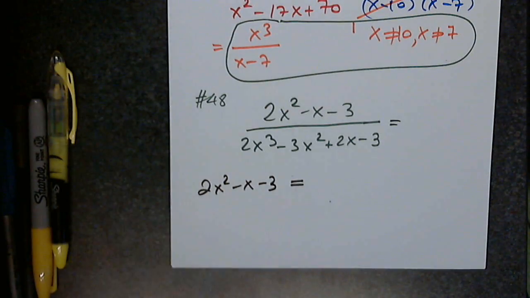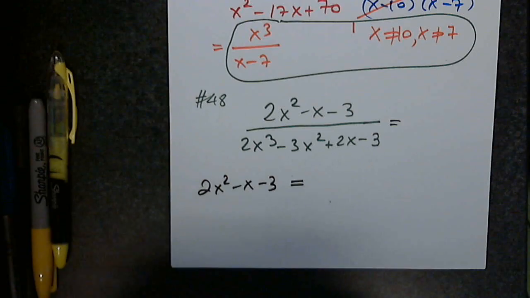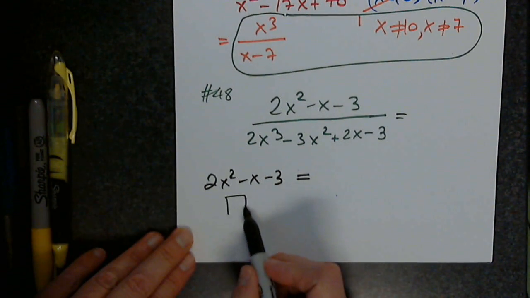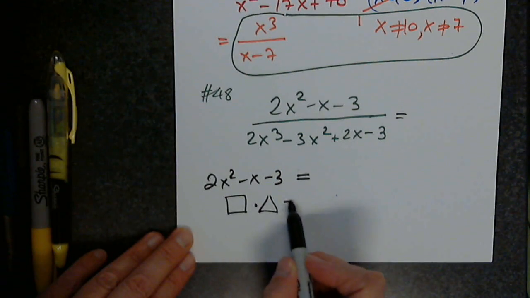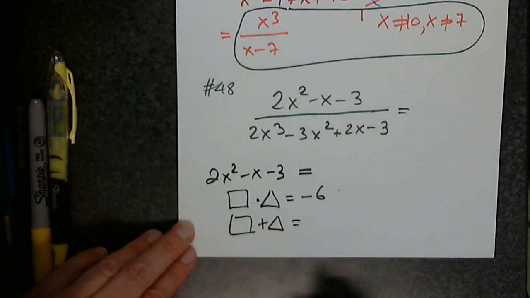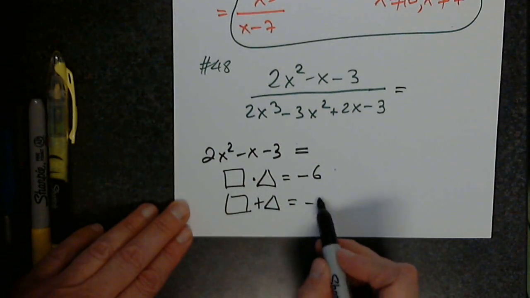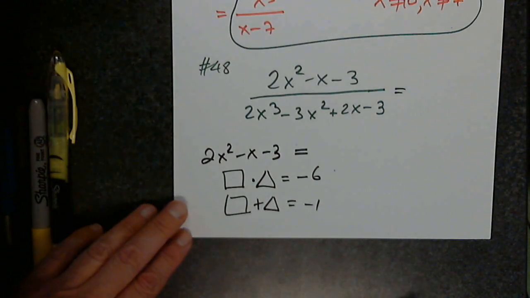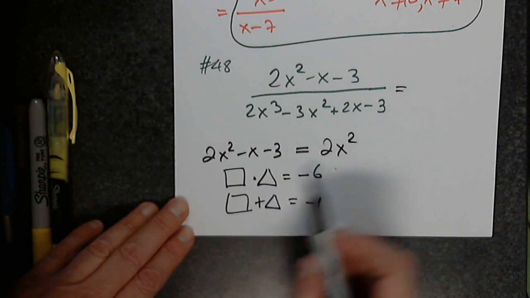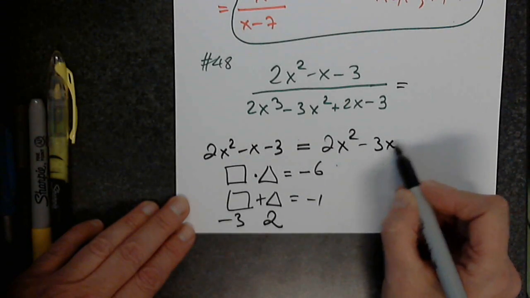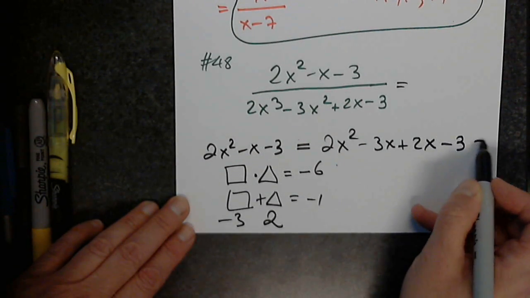No greatest common factor, no special product, no negative leading coefficient. 1 is not the leading coefficient, so then what do I do? I need two numbers whose product is -6 and whose sum is -1. -3 and +2. 2x squared minus 3x plus 2x minus 3.